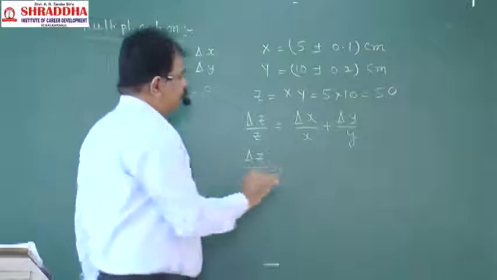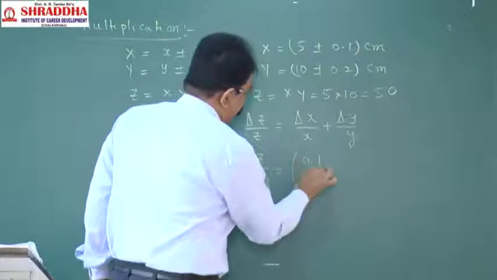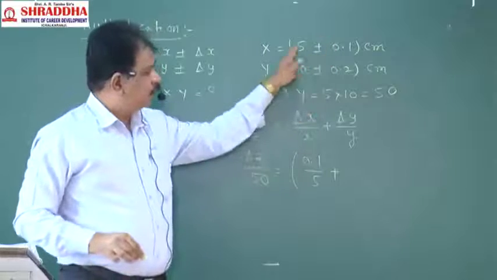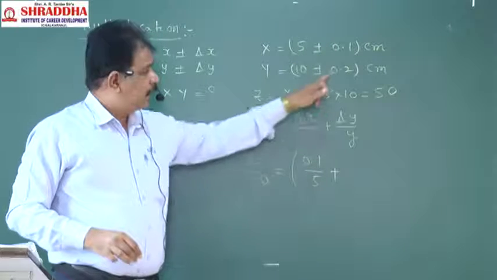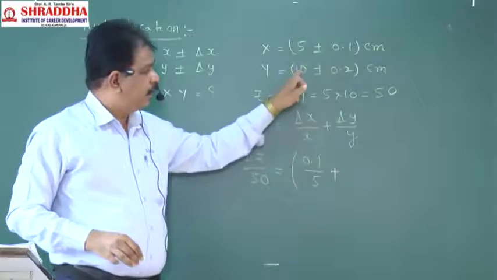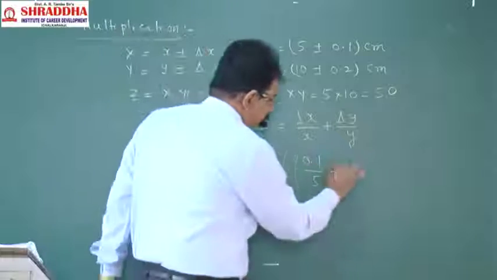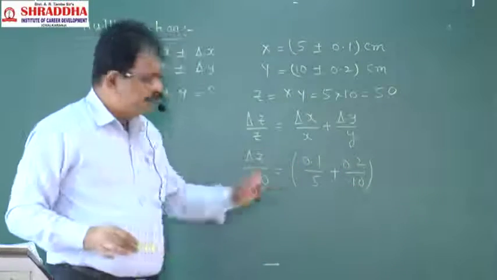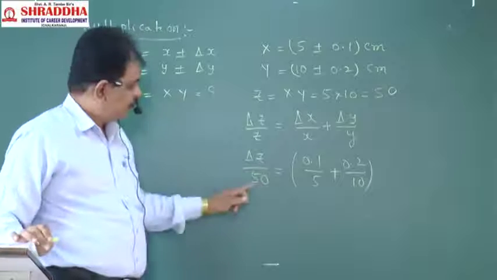Delta x is 0.1 by 5, delta y is 0.2 by 10. Bring this 50 to this side.